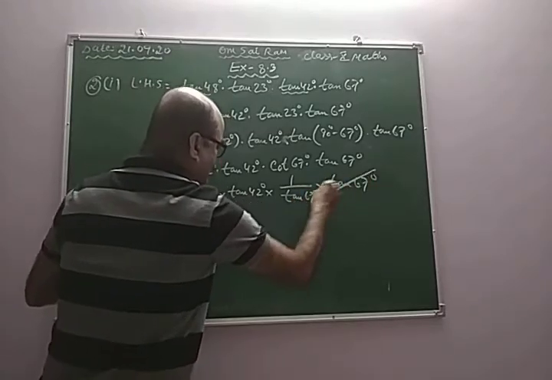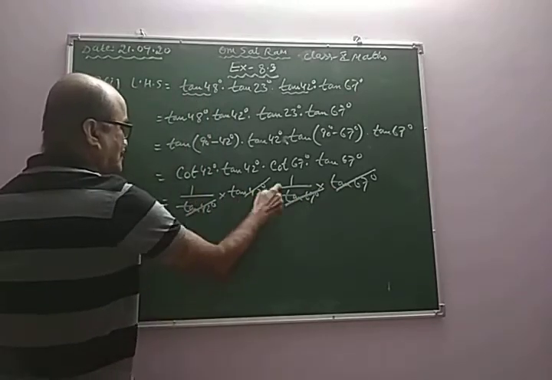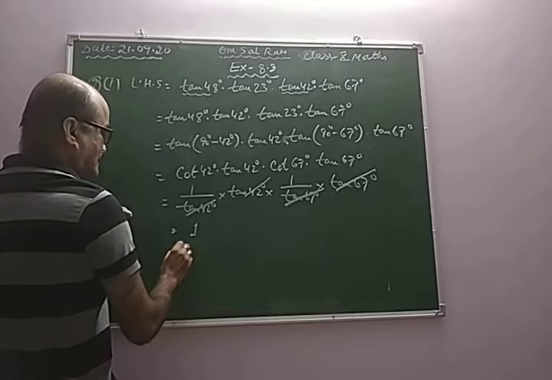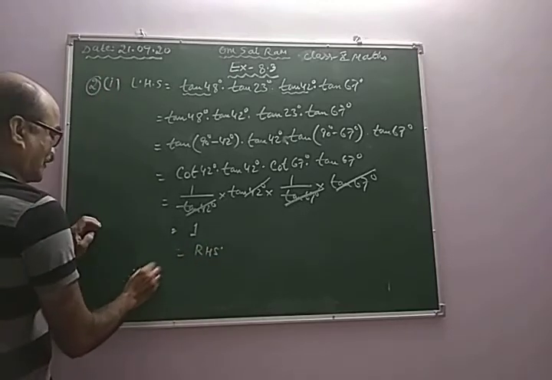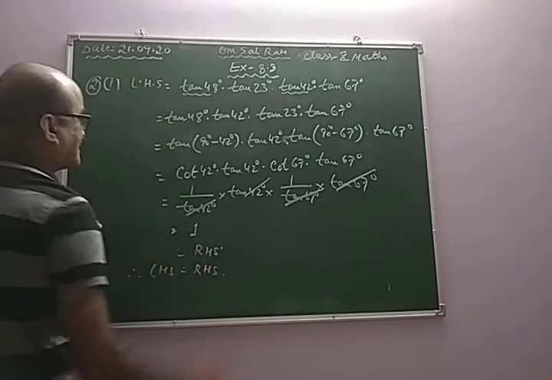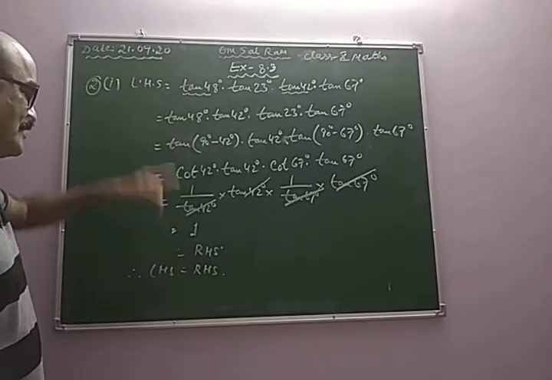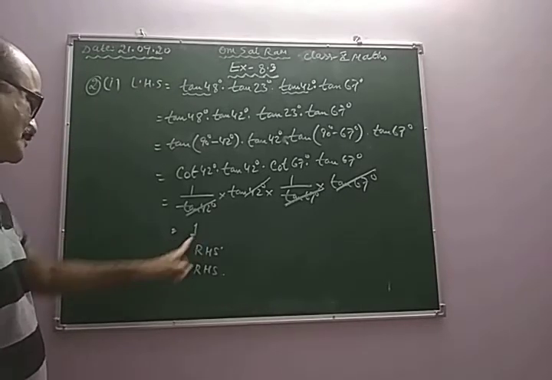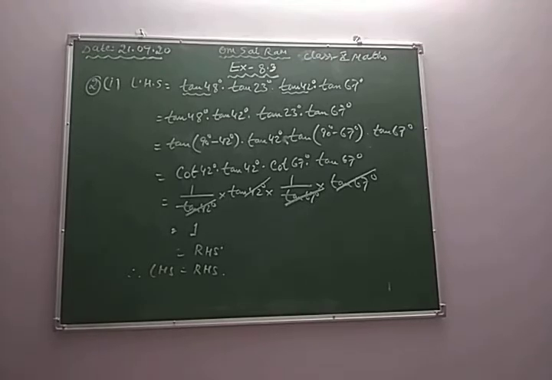So this 67 and this 42 and 42 will be cancelled. So 1 into 1 is equal to 1. That is equal to right hand side. So at the end you write, therefore left hand side is equal to right hand side. Right? We have taken the left hand side and we have proved the right hand side as 1. In this way we can prove this question.